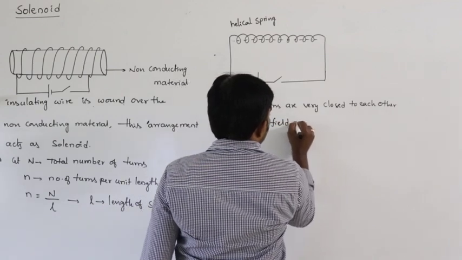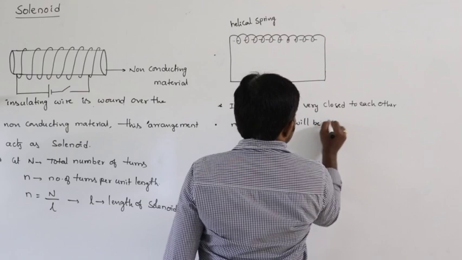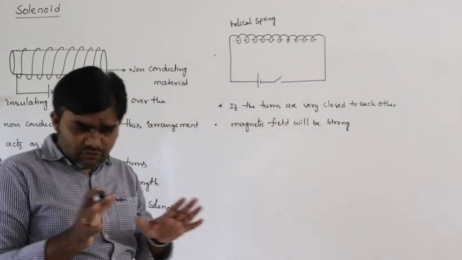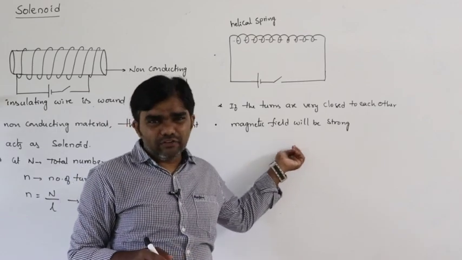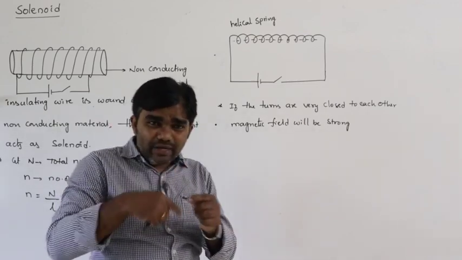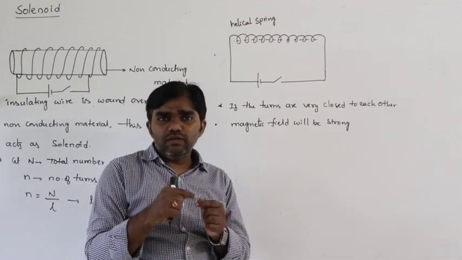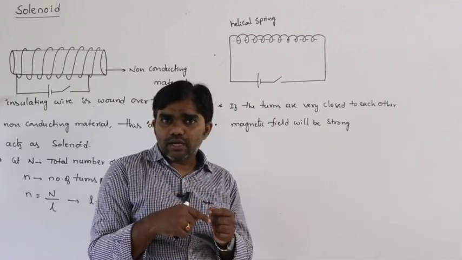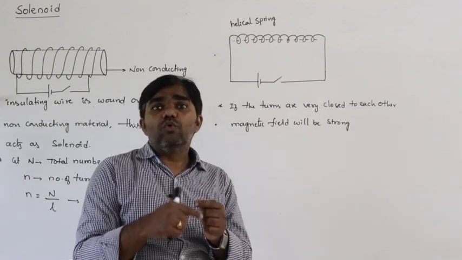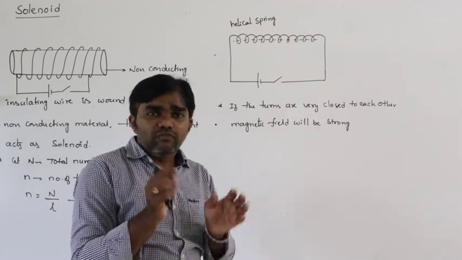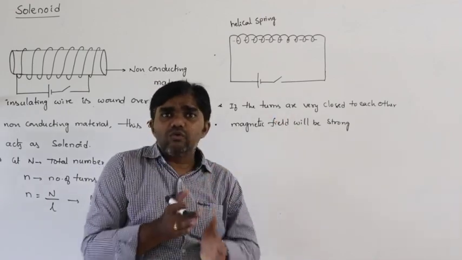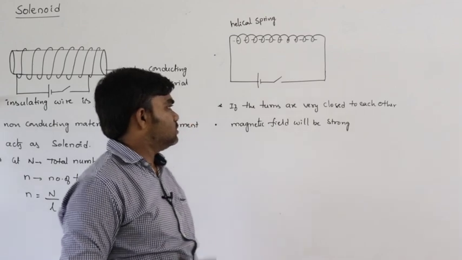If the turns are far away from each other, a weak magnetic field is developed inside the solenoid. So the wire must be wound over the non-conducting material very tightly. That means the turns are very, very close to each other. So that is the situation.